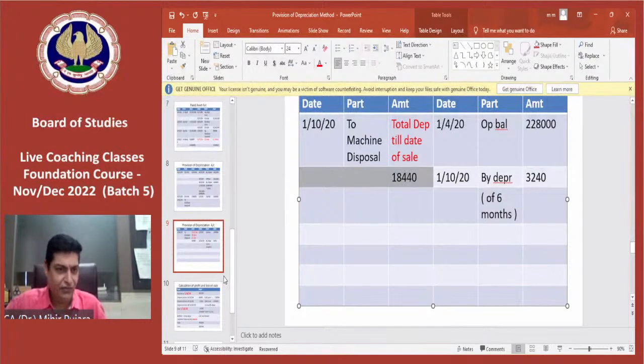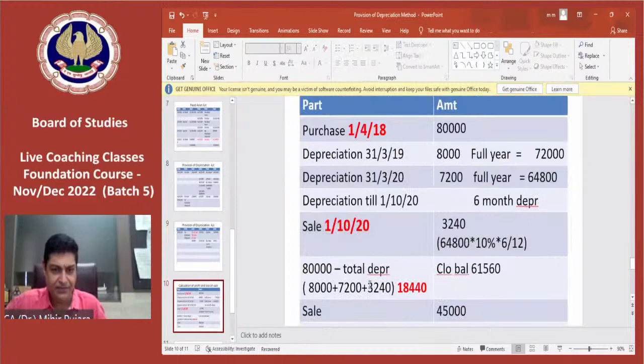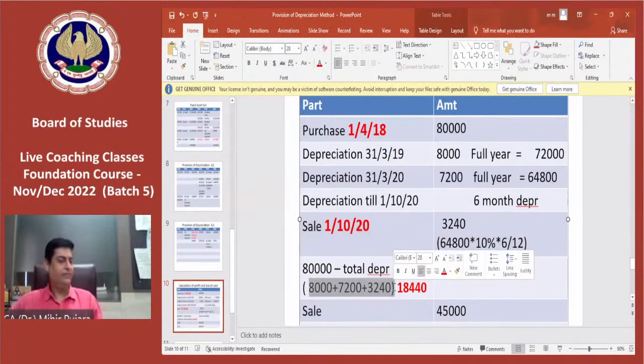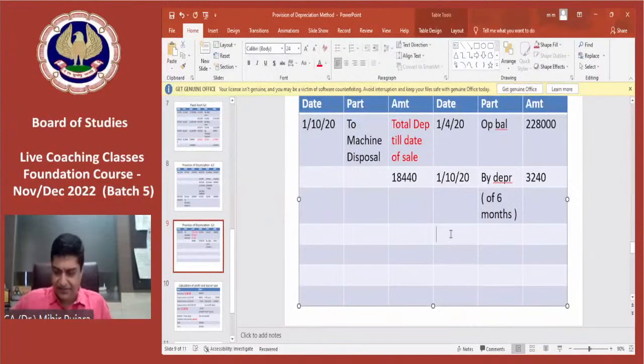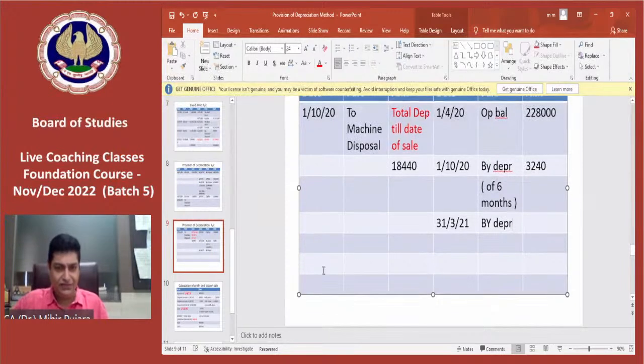So in this 18440 it is included, right? After this, now very important, friend, by depreciation. Now, first depre will be of what?